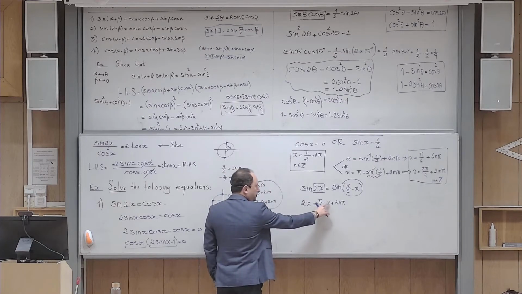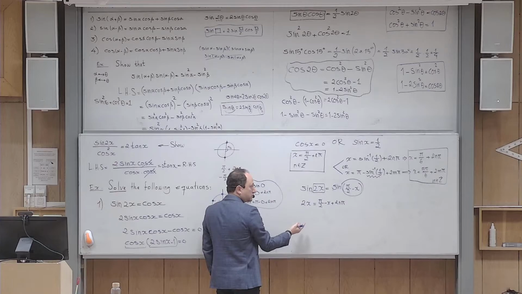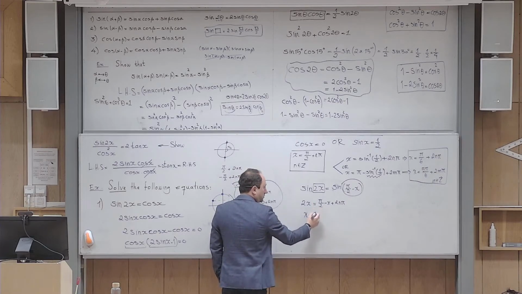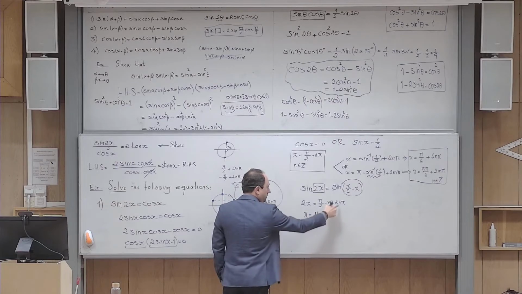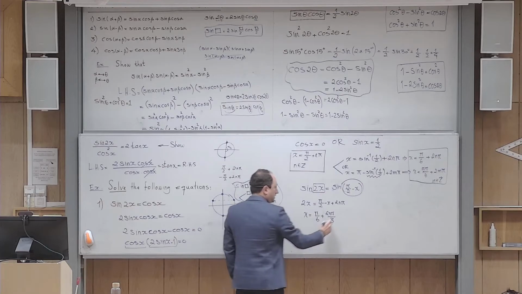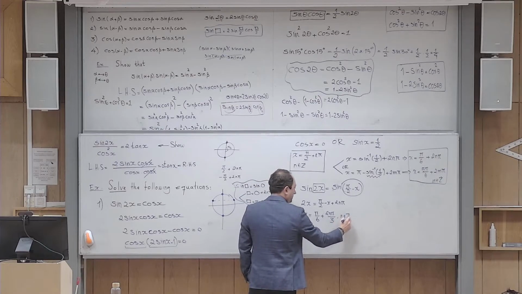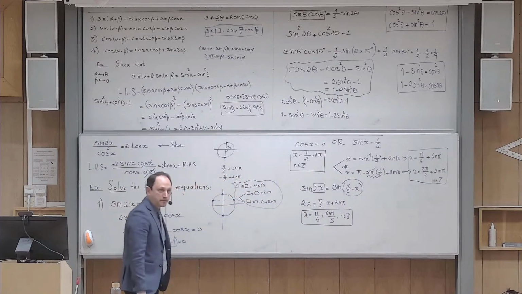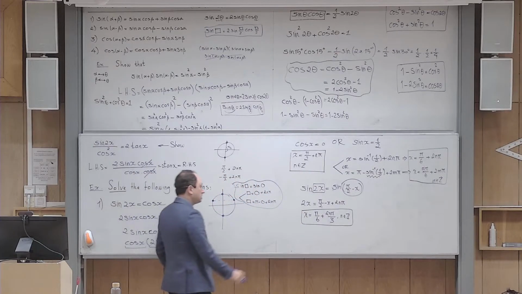And then I move x to the other side. It becomes 3x, and I divide by 3. It becomes x. If I divide this by 3, it becomes pi over 6. If I divide this by 3, it becomes 2n pi over 3. And then n belongs to Z. And then the other scenario is what?